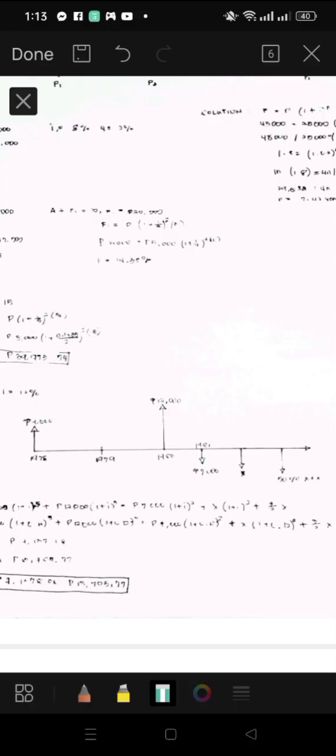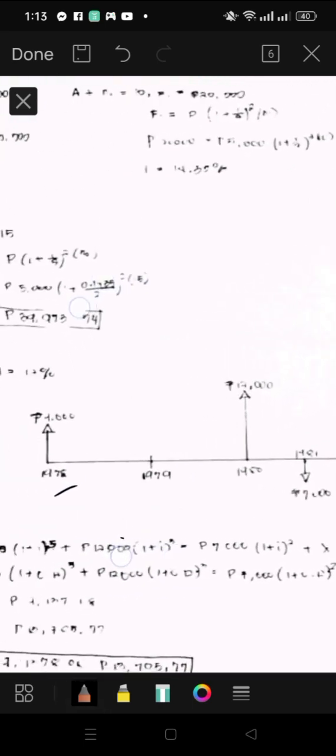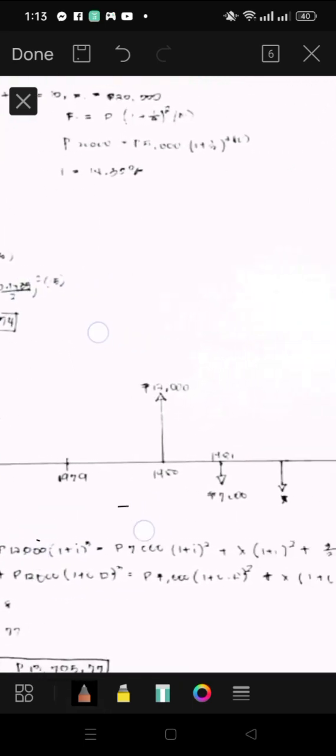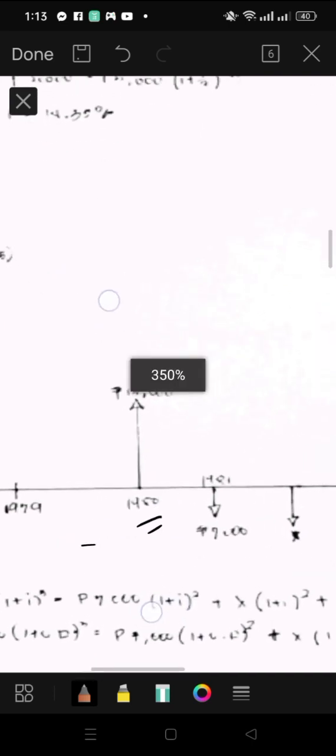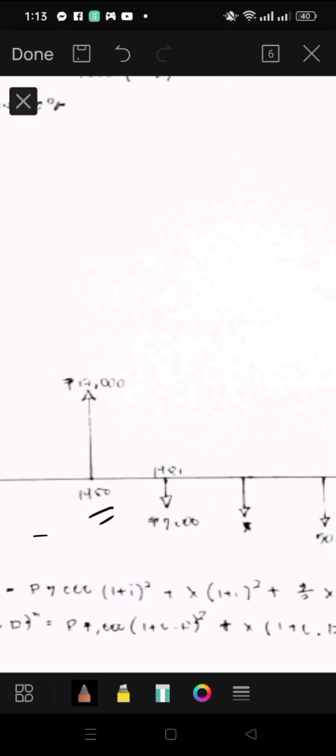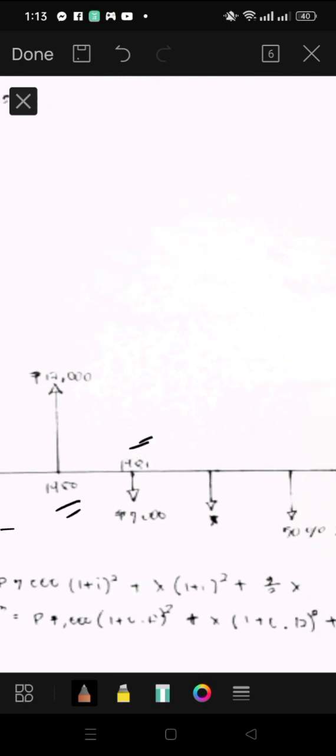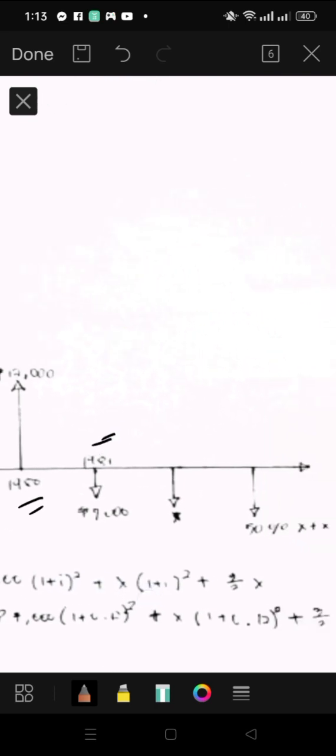To understand further the flow of the money, let us draw a schematic diagram, which is 9,000 first in 1978. The second is in 1980, which is 12,000. Then the next is in 1981, which is 7,000.